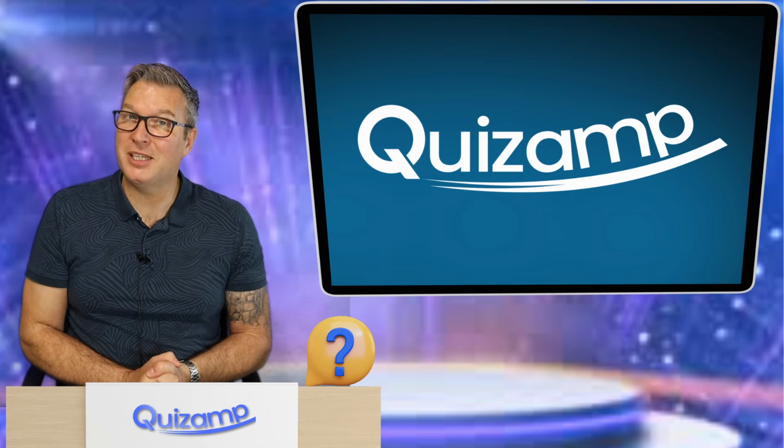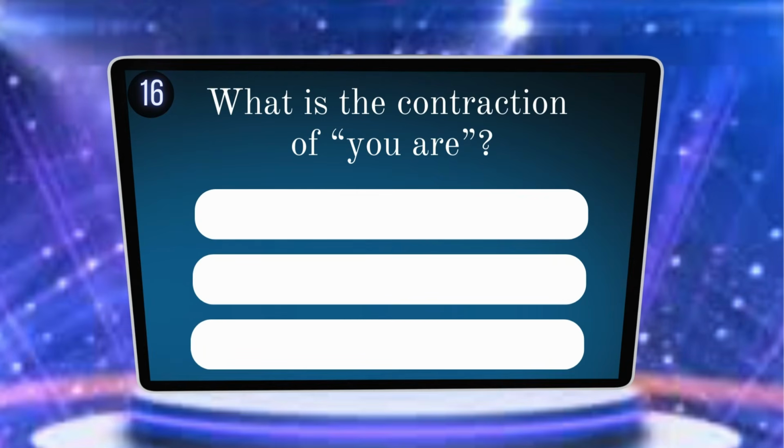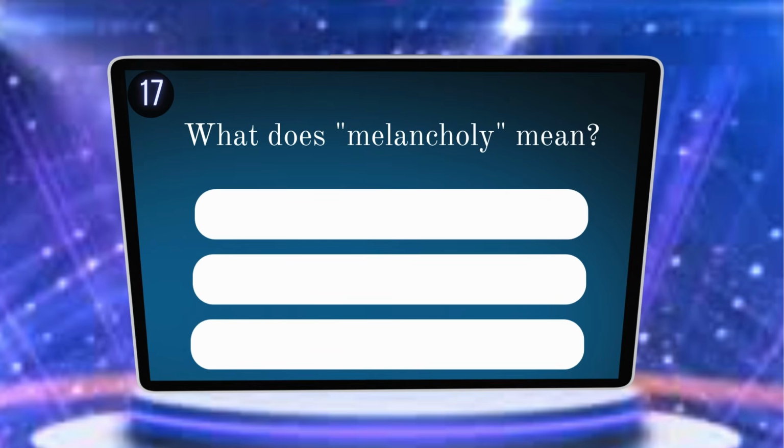Up next, our subject is, how's your English? What is the contraction of you are? Is it your, or yo? And it is your. What does melancholy mean? Happiness, surprise, or sadness? That is sadness.